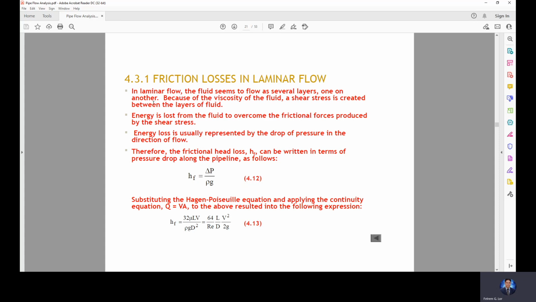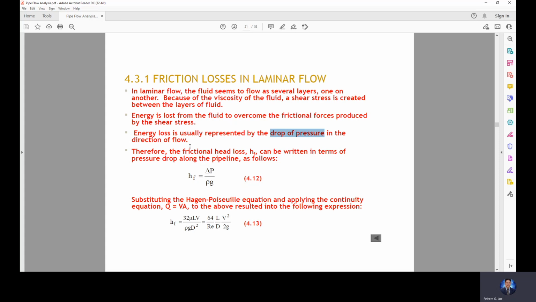Energy loss is usually represented by the drop of pressure in the direction of the flow. So the pressure decreases along the direction of the flow. As you go downstream, farther along the length of the pipe, the pressure decreases.